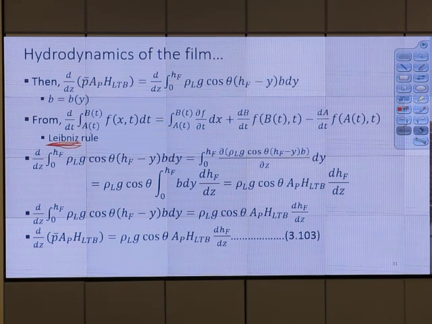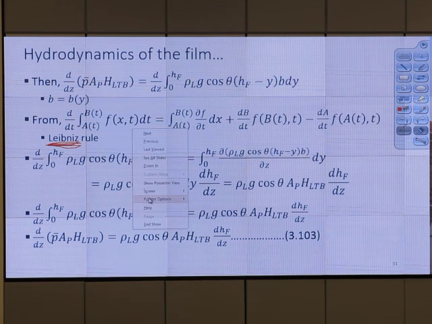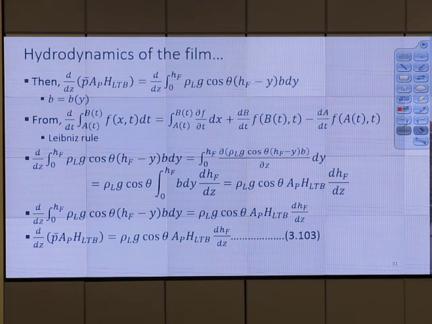Yes, Leibniz rule. Very good. We use Leibniz rule to do the differentiation with the integration sign. So from Leibniz rule, d by dt of the integration from a to b of f, which is a function of x and t, dx.